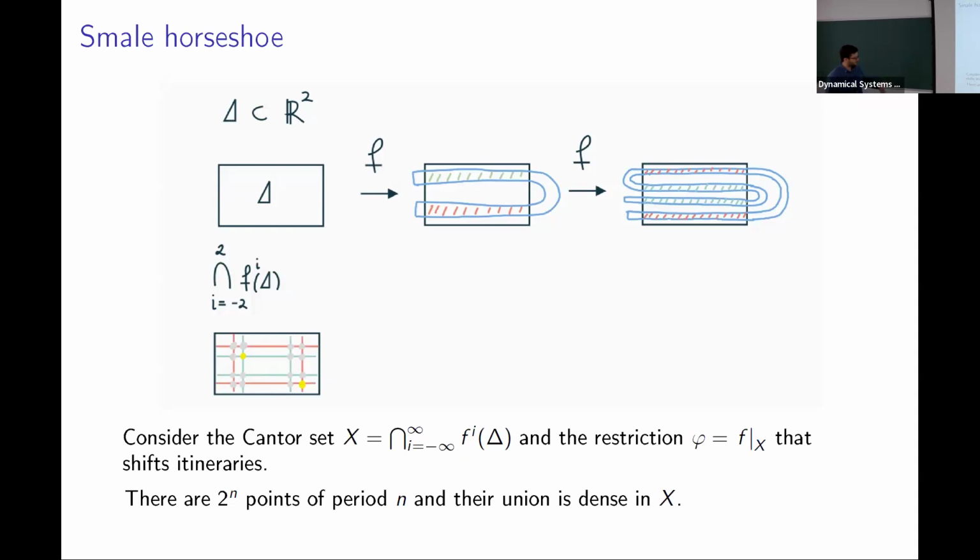And it's chaotic as a dynamical system in the sense that it's sensitive to initial conditions, you have many periodic points of period n, like 2 to the n, and the union is dense in X. Okay, so this is really a Smale space.